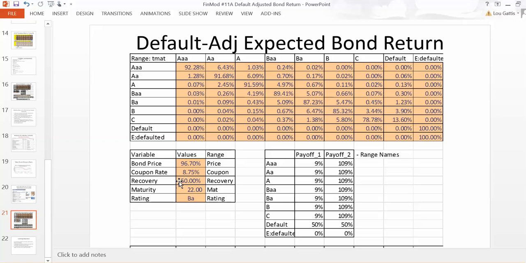You might look at the firm and say, well, compared to its industry average, I think this firm has more hard assets than average, so I'm going to increase the recovery rate. So looking at corporate bond portfolios, it's a matter of looking at its current rating, anticipating changes in ratings possibly, and looking at recovery rates.